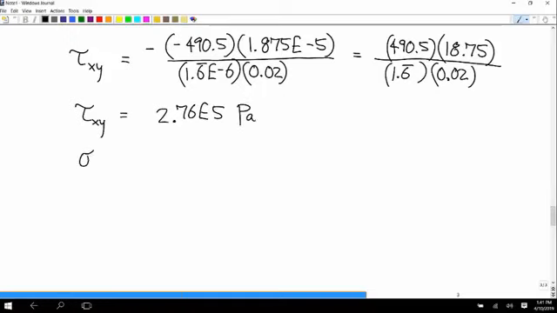And so the stress tensor due to the shear force is 0, 2.76 times 10 to the 5th, 0, 2.76 times 10 to the 5th, zeros everywhere else.